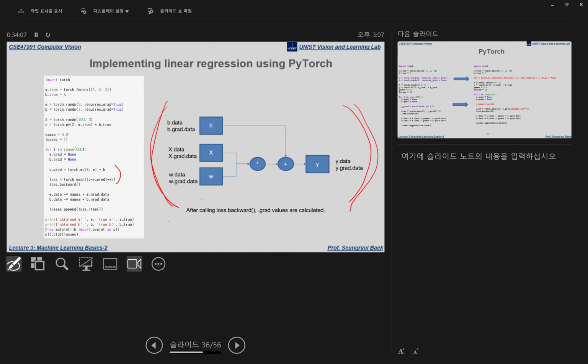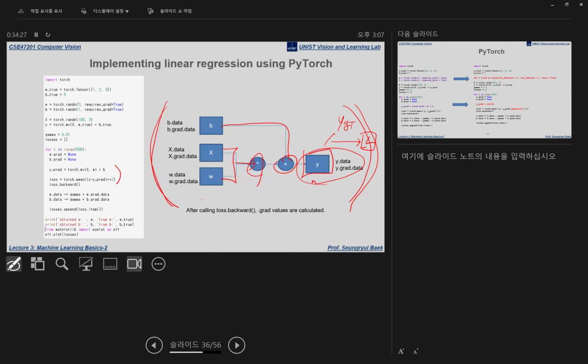If we code that inside PyTorch, this type of graph is constructed that connects the variables using operators to calculate the predicted value y, and using the ground truth y, eventually they calculate the loss.